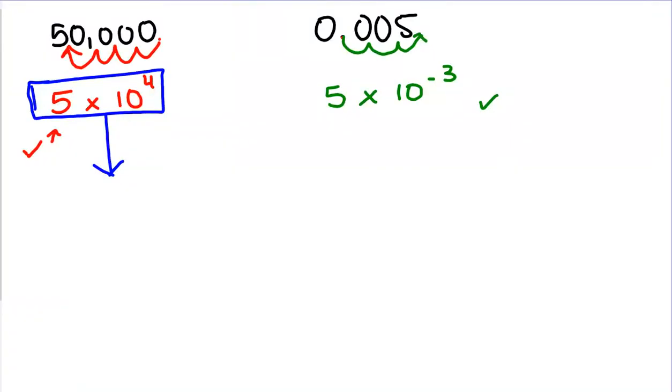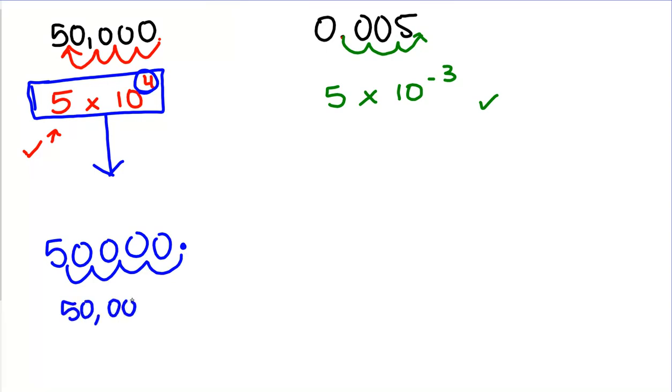If we wanted to write this, we would go 4 spaces to the right because this 4 is positive. So from the 5, we would add some placeholders and go 1, 2, 3, I need one more, 4, and we'd be left with 50,000. So think big numbers, positive exponents.